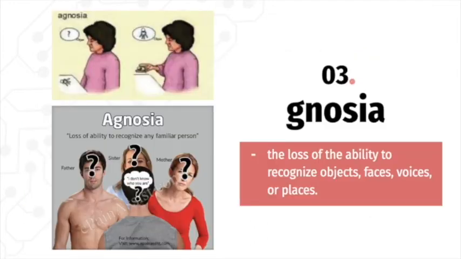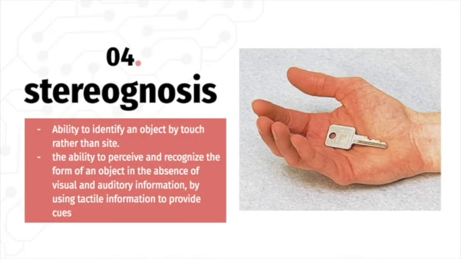So agnosia is the loss of the ability to recognize objects, faces, voices, or places. This is caused usually by damage to the parietal, temporal, or occipital lobe of the brain. Stereognosis is the ability to identify an object by touch rather than sight.